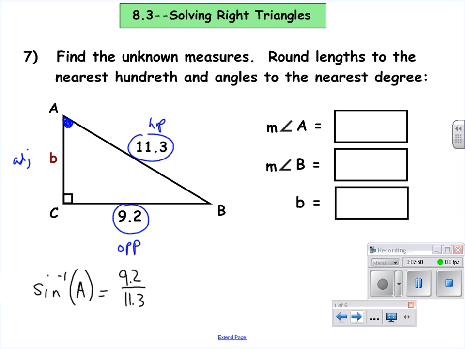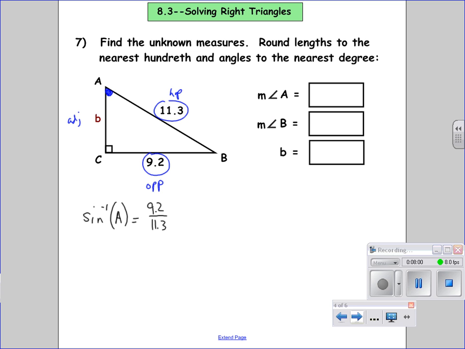So then you go, okay, Mr. Calculator, I want angle A. Well, actually, this should be just sine to start. So I take the inverse of both sides. So this is just angle A over here equals the inverse. You're saying to your calculator, if my ratio is 9.2 over 11.3, what angle does that correspond to?